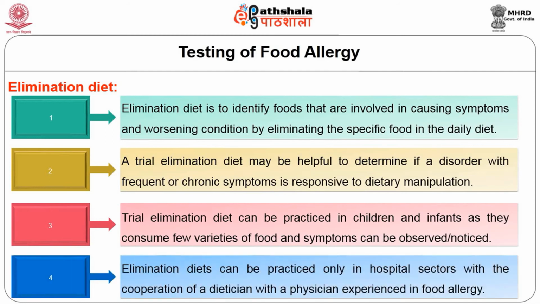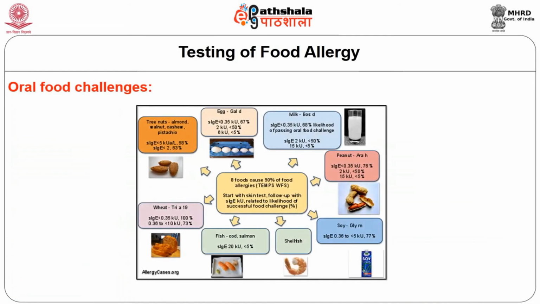Elimination diets can be practiced only in the hospital sectors with the cooperation of a dietitian or with the physician. Graded oral food challenge is one of the ways to diagnose adverse food reactions. This is also helpful for the diagnosis of food allergy.